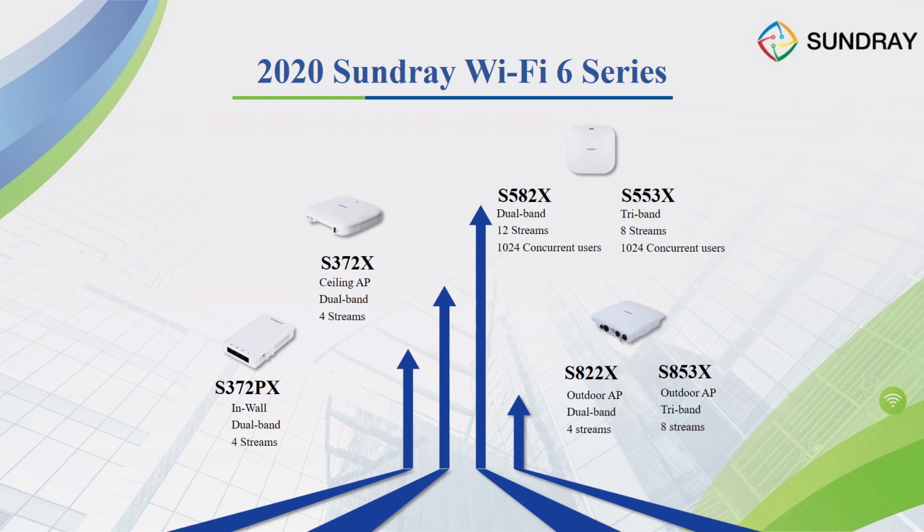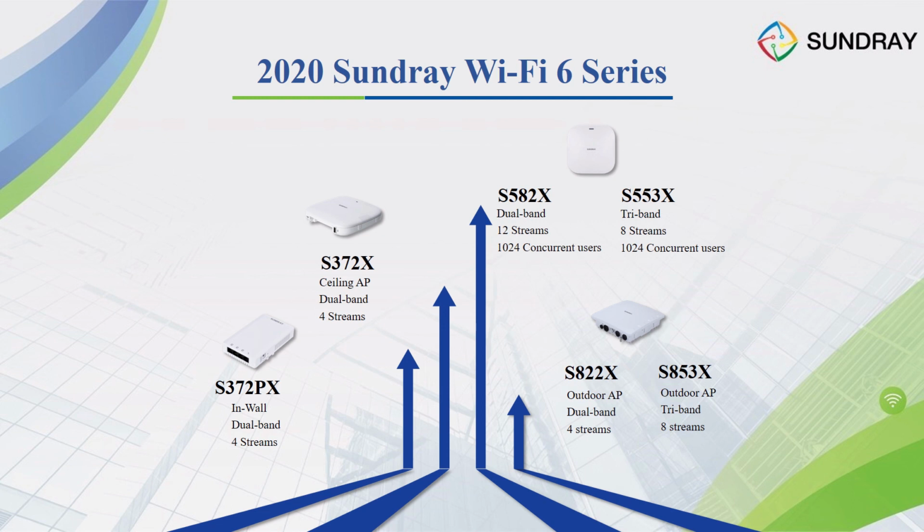This 4 stream is like 2 streams of the 5G and 2 streams of the 2.4G. And we also have higher models, like the 12 stream one, supporting 1024 concurrent users, and also 8 streams. And we will also release outdoor Wi-Fi 6 APs this year.